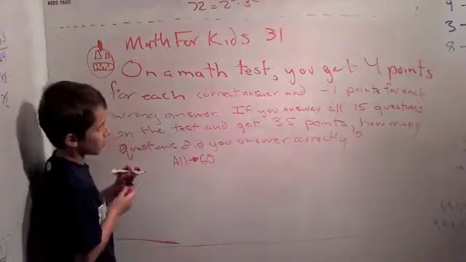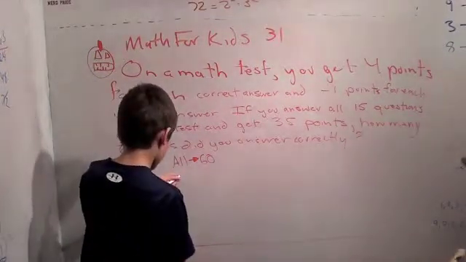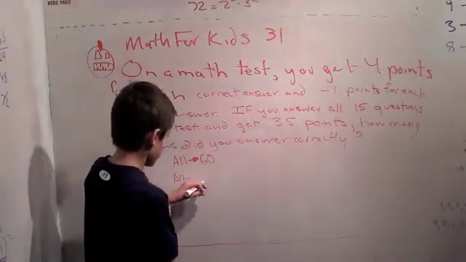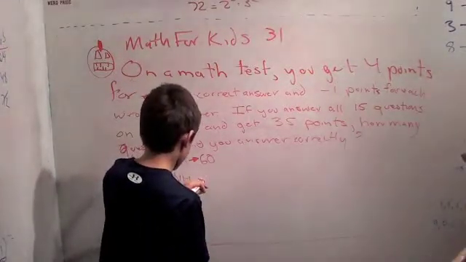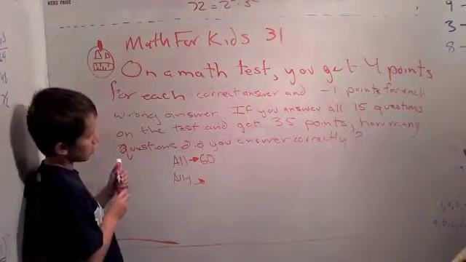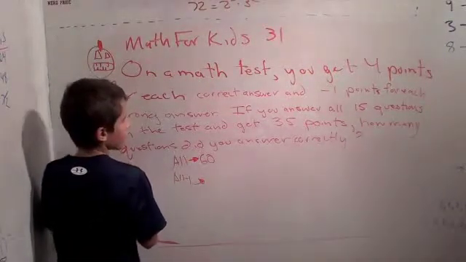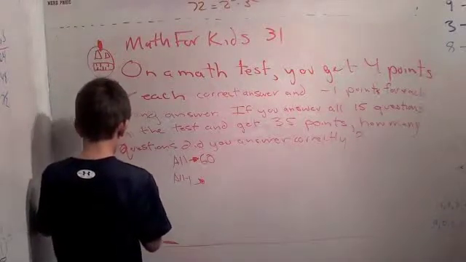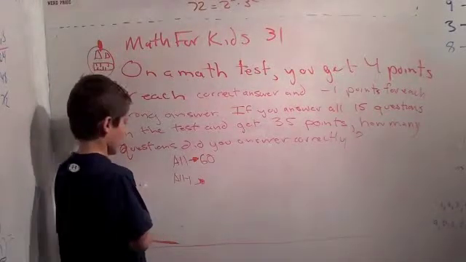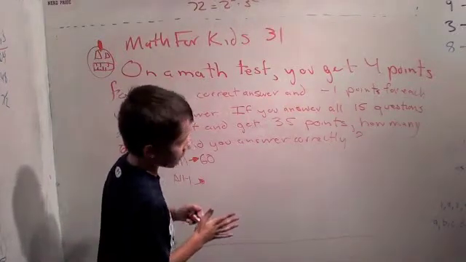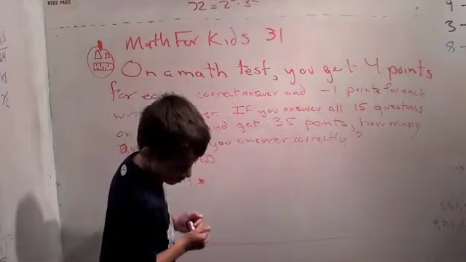So let's do all minus 1. What is all minus 1 equal to? It's 4 times 14, and then it's a -1. So what's 4 times 14?